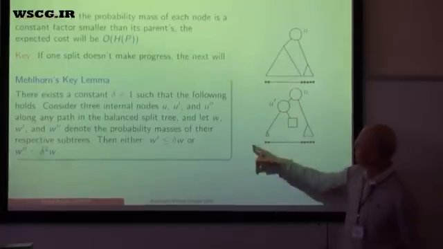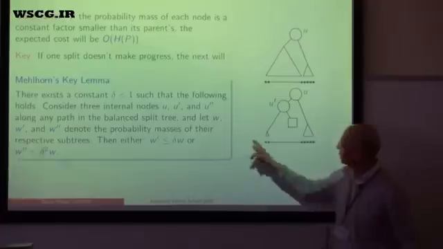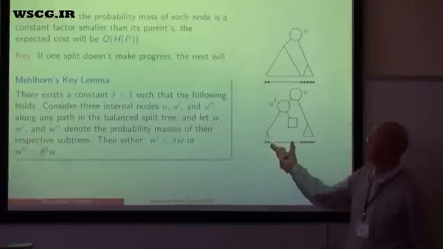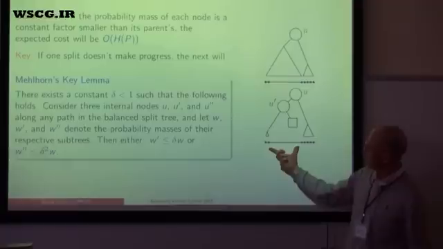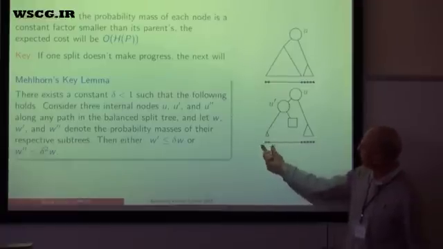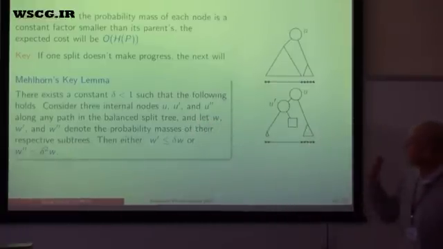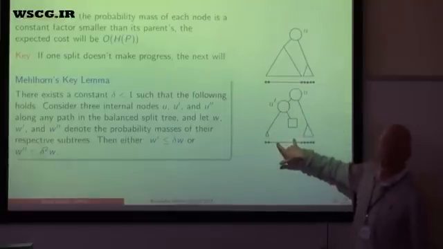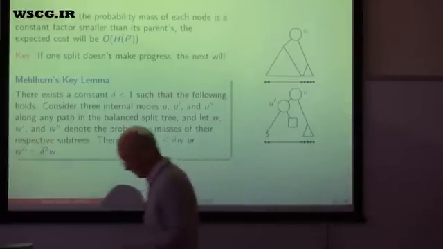The claim is that one of 2 things happens. Either W prime is going to be a constant factor delta smaller than W, so you will get a balanced split here. In this case, this did not happen. But if this does not happen, then when you get down to W double prime, you will get delta squared. So in other words, either you will make good progress with the first split, or if you do not, you will make good progress with the second split.